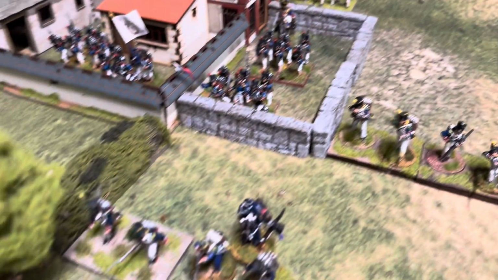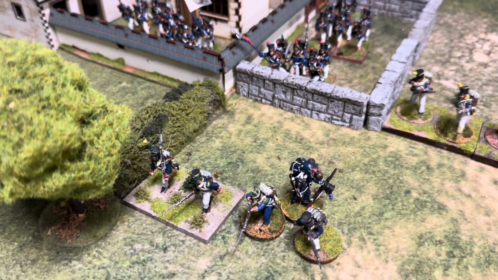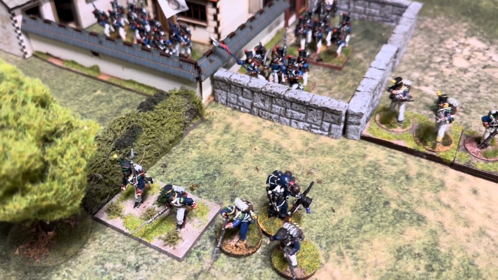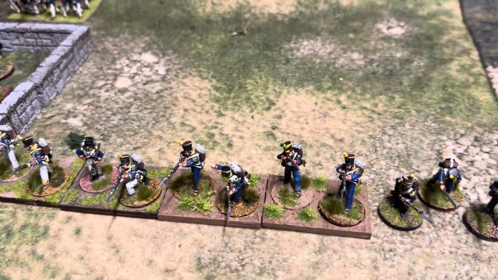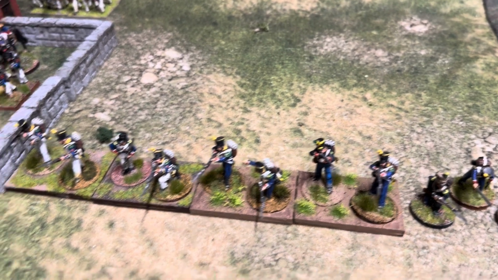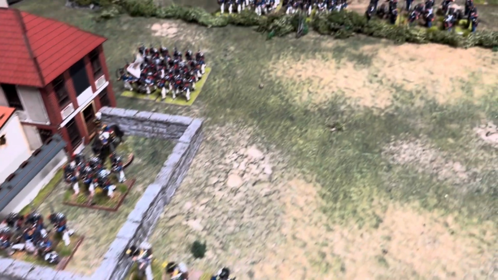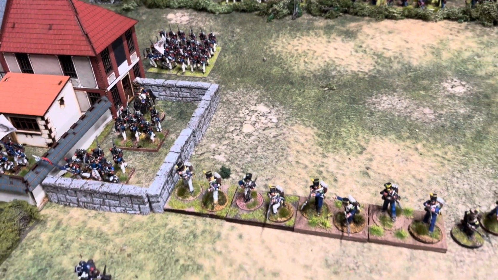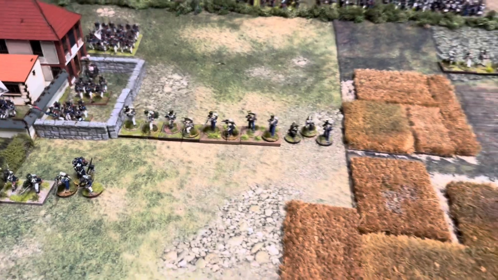And then there's a brigade skirmish line of 5 bases from the Tréliers of the Guard and 5 bases from the Voltigeurs of the Guard. And so that small division is deployed here. Their divisional cavalry is off table somewhere.